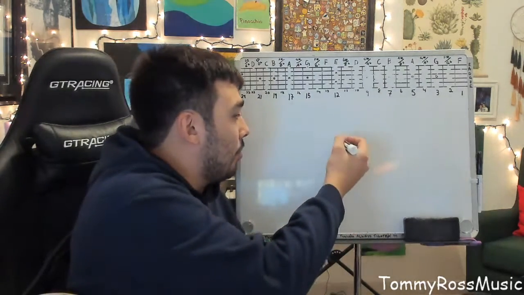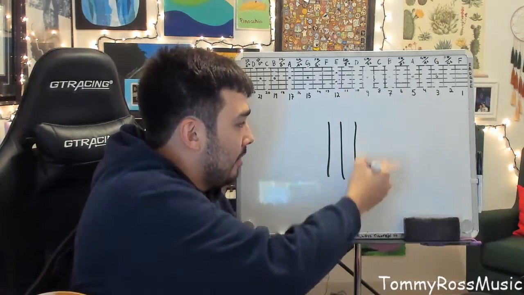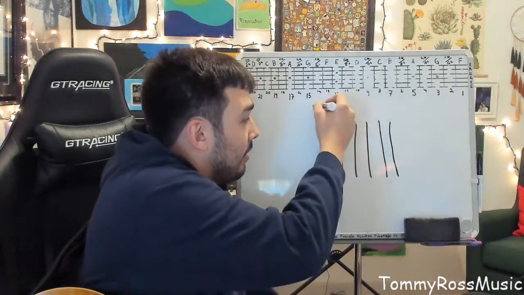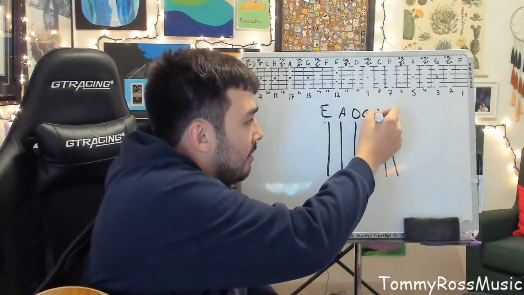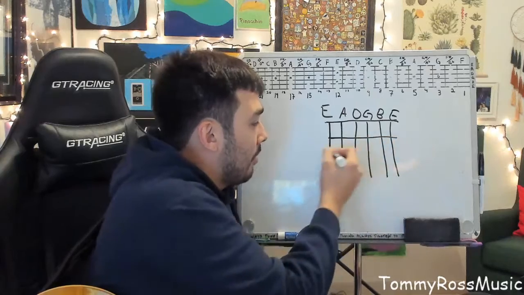Typically you'll see chords or scales charted out vertically, right? And you'll have the strings like this, and so on and so forth.